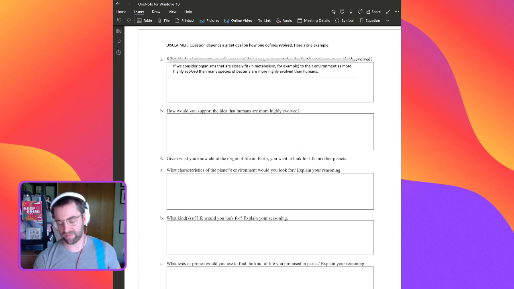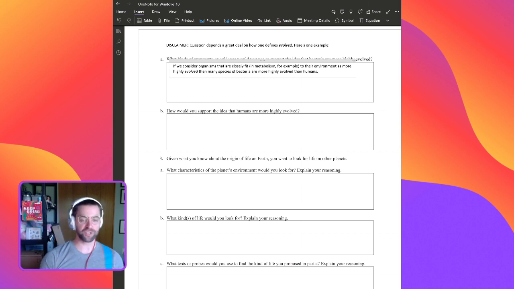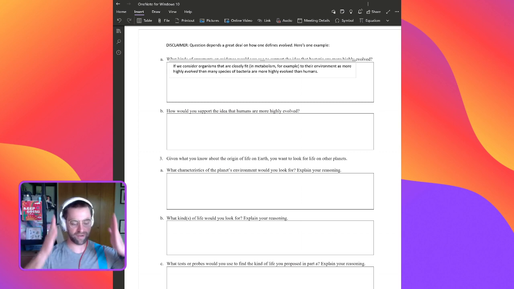So we're not, in this case, talking about degrees of complexity. We are talking about success within a niche, right? Fitness in terms of ability to pass on your DNA to the next generation.